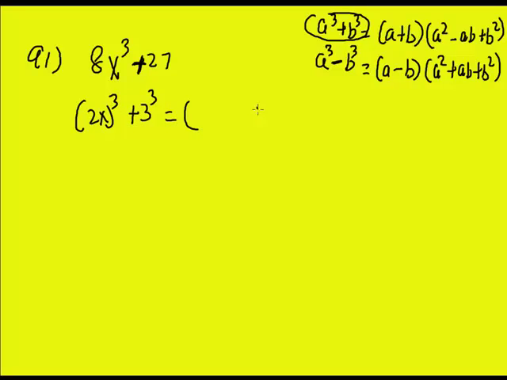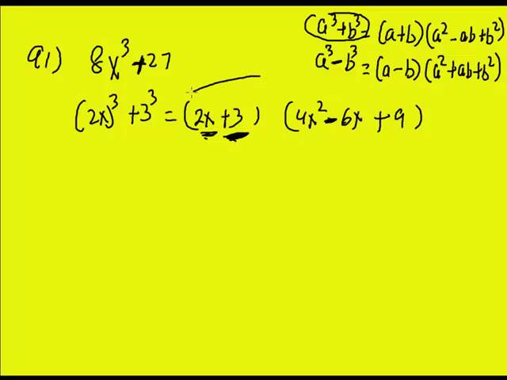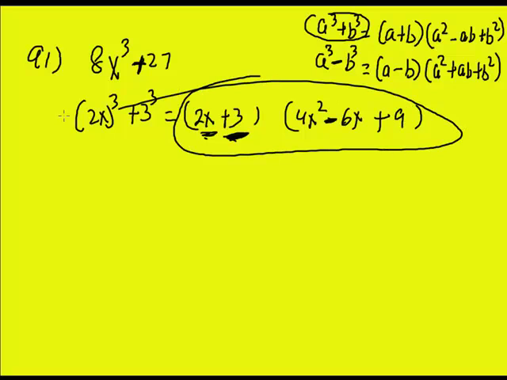Therefore, that factors into a binomial and a trinomial. 2x plus 3 is the binomial. For the trinomial, you square the first term, which is 4x squared. The signs are always opposite in the middle. Then we multiply these together, which is going to give me 6x. And then plus, square the last term, which is 9, and you're done. It is factored. You can't factor anymore.